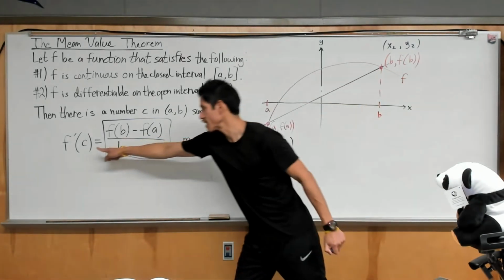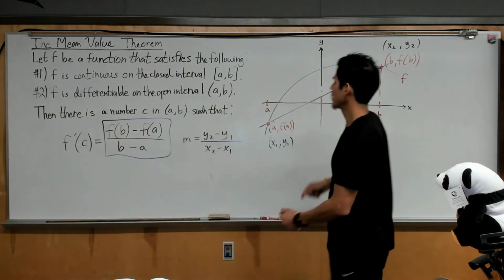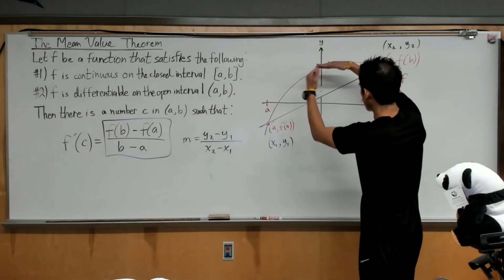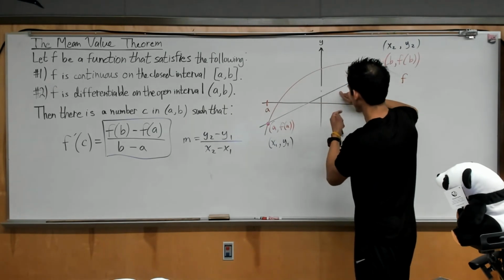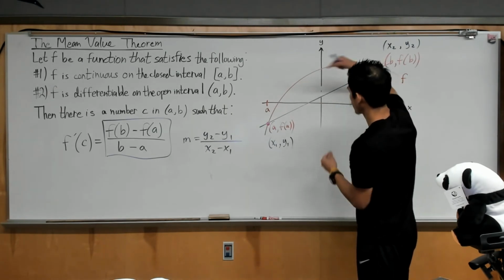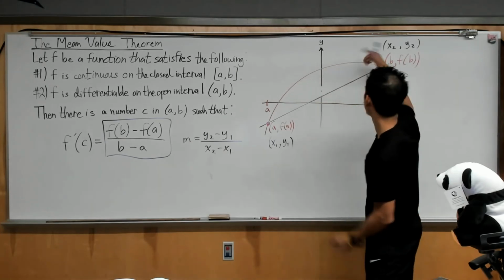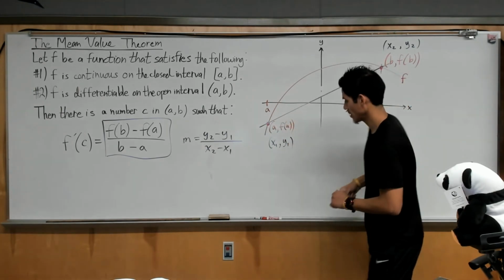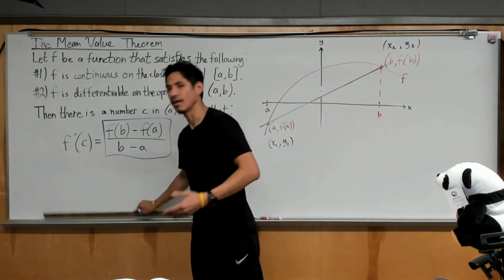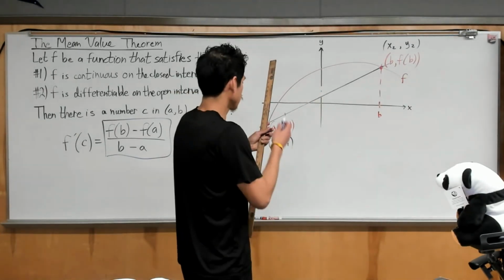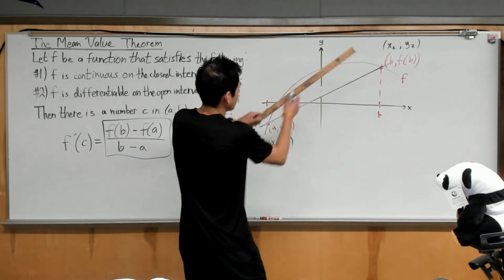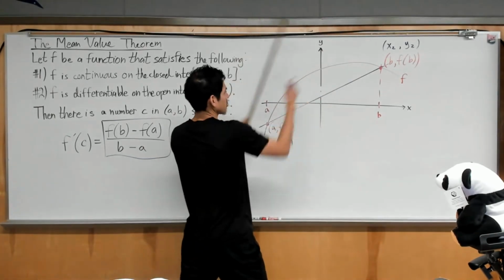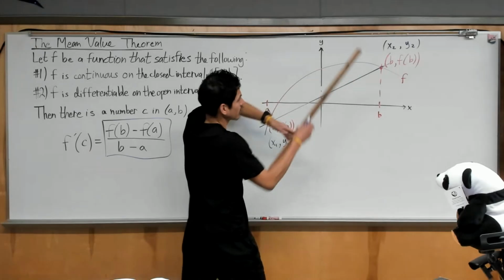Now, what this side is saying is that there's going to be another line that's parallel to this line where it's going to go through one point on the graph between a and b. We could just look at this conceptually because, remember, I literally just drew a random curved line.